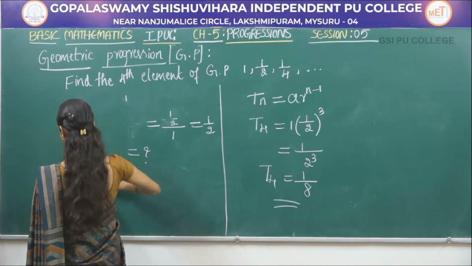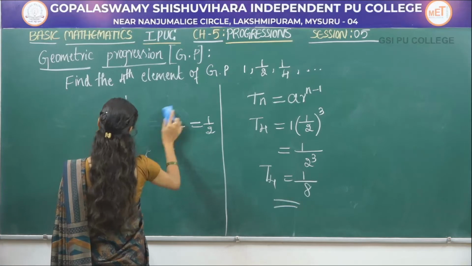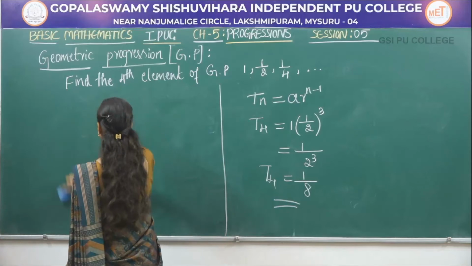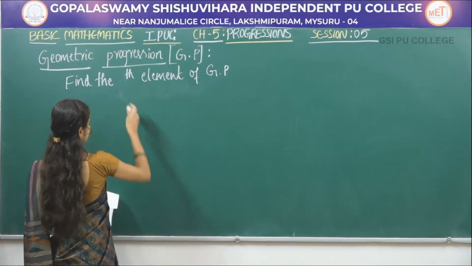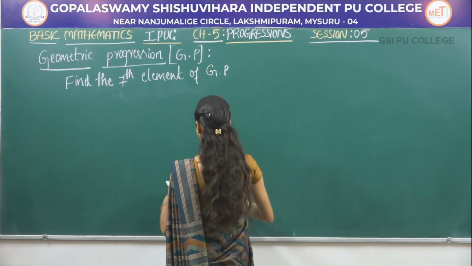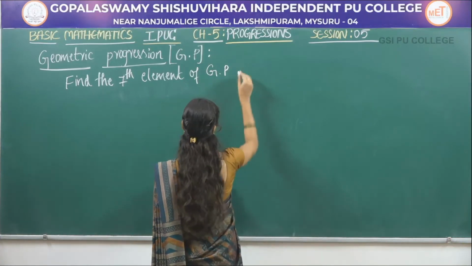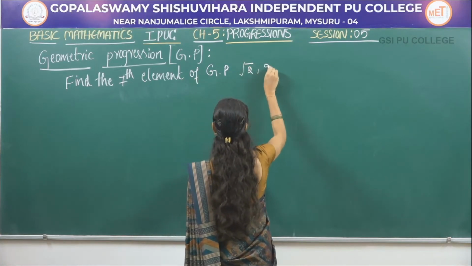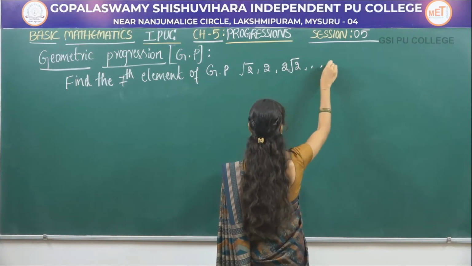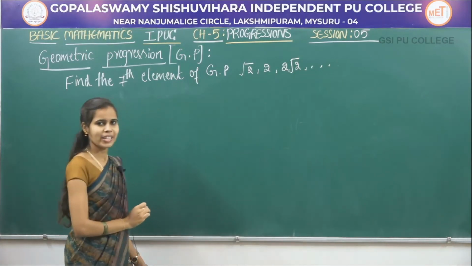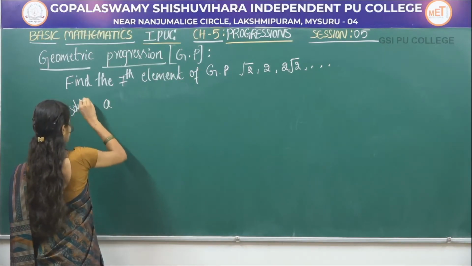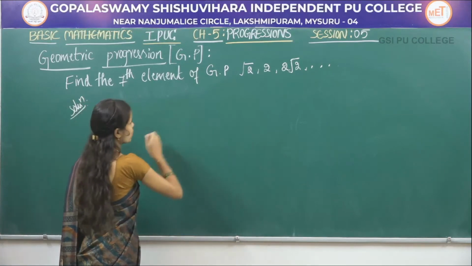Find the seventh element of the GP root 2, 2 root 2, etc. Here also, first let us find the values of A and R. A means root 2.